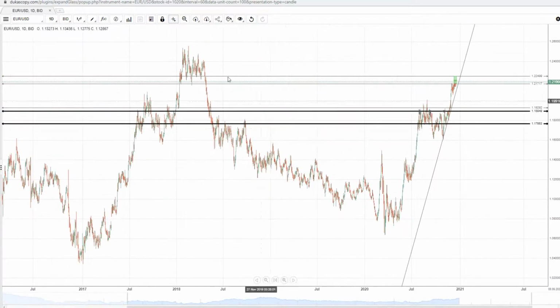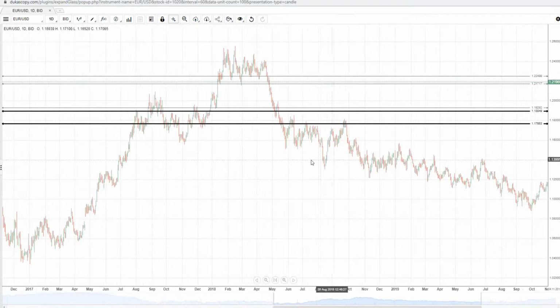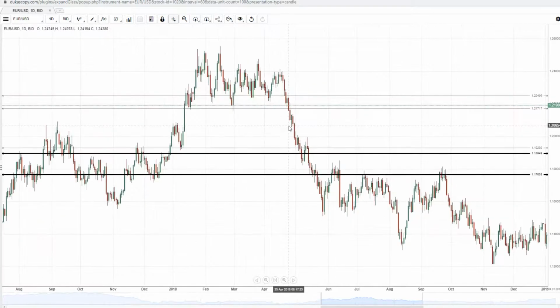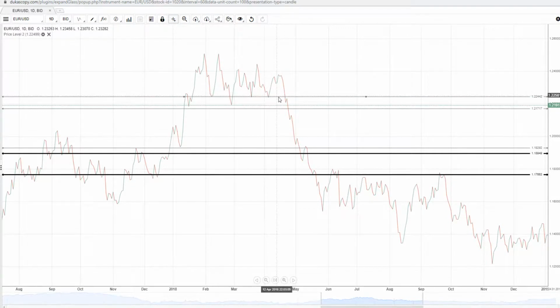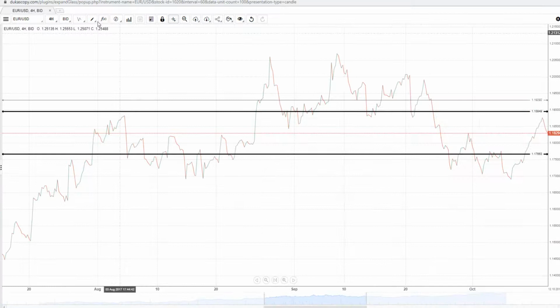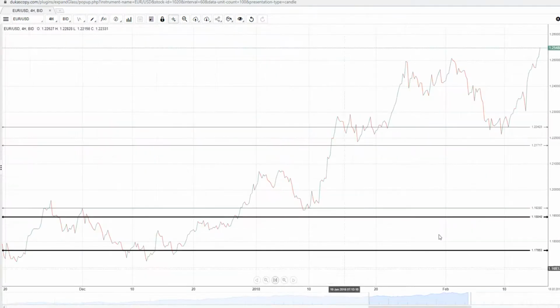In the daily time frame, it's very easy for you to spot. So the first zone for me to target take profit is going to be 1.2243 based on the daily time frame. Come back to the live market.